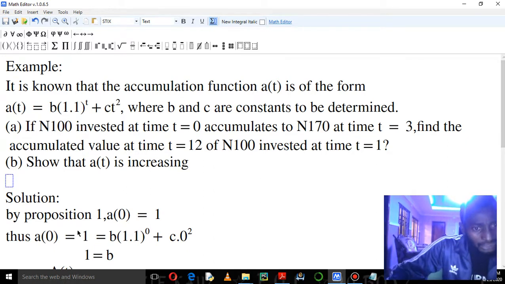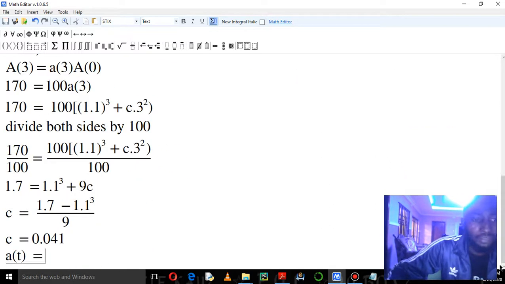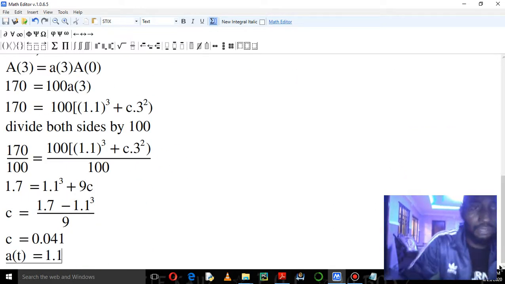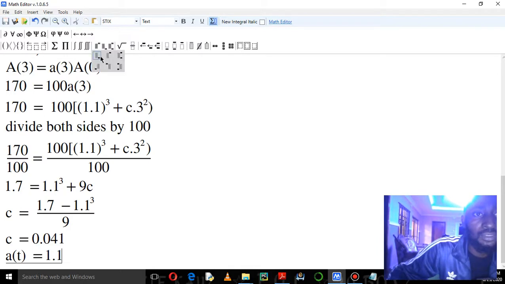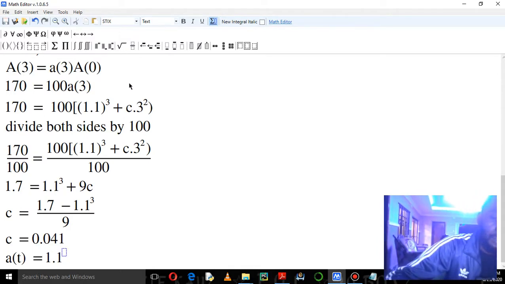Anytime we see b we put 1, because we've gotten our b to be 1. So 1 times 1.1 raised to power t will give us 1.1 raised to power t.